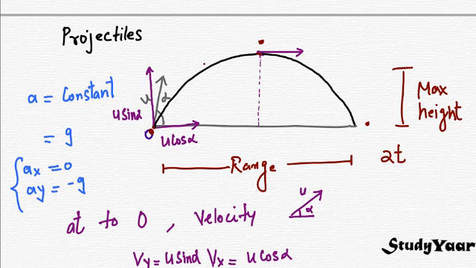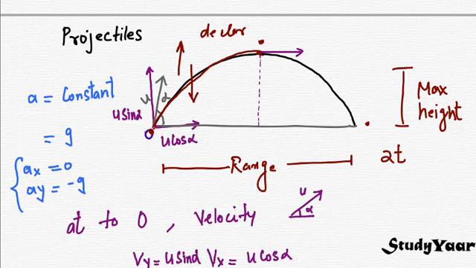Just understand what is happening. Up until this point, my stone is decelerating in the y direction. Over here my velocity is like this, which is the initial velocity, and my acceleration is like this.